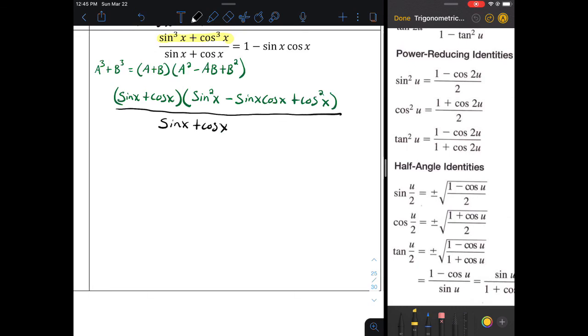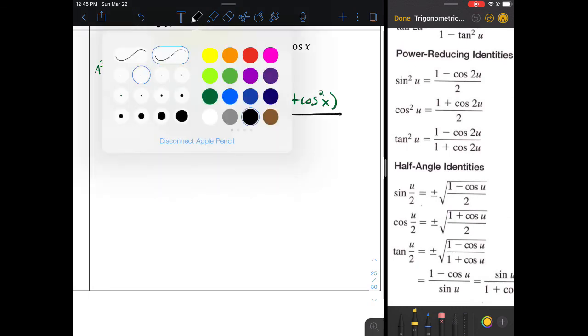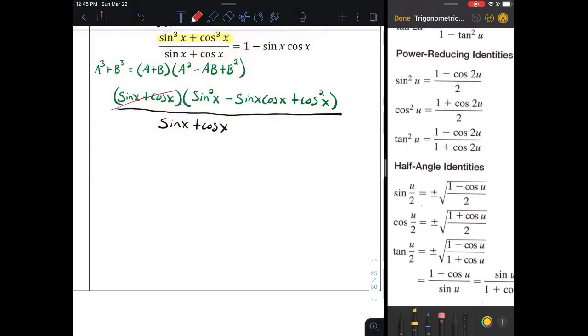Now by doing that, the sine x plus cosine x will cancel out. Which means that what I'm left with to work with at this point is sine squared x. And I'm going to rearrange my terms, and you'll see why in just a second, plus cosine squared x minus sine x cosine x.